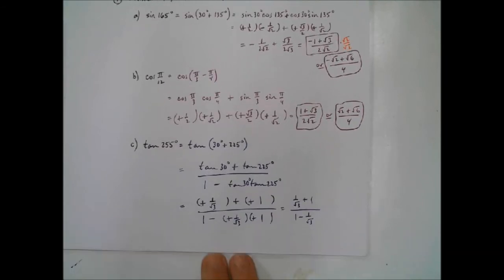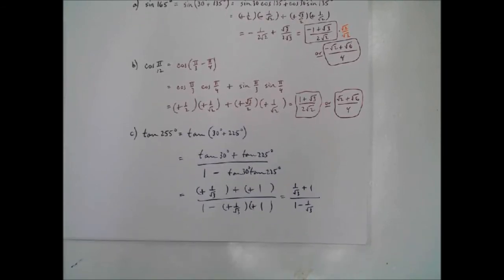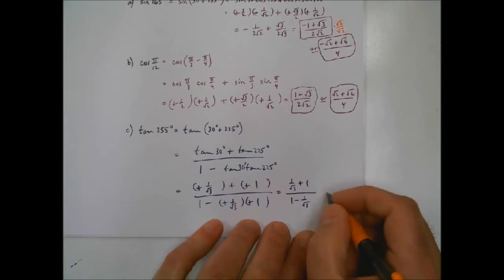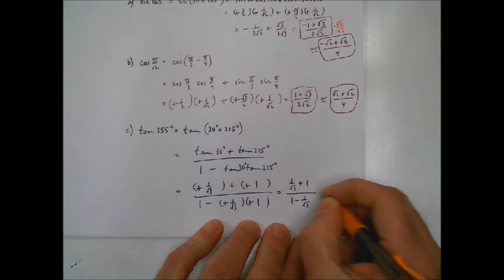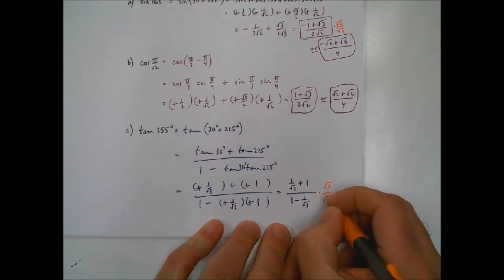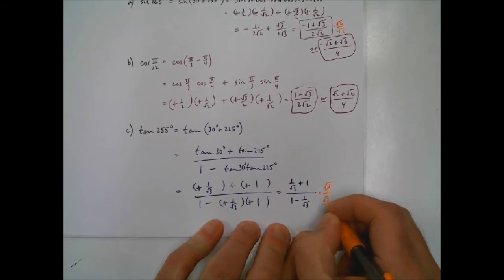Okay, radicals in a denominator are not a problem, but we can never leave a complex fraction and expect to get full credit. So we've shown you how to clean these things up last year and this year. So if we multiply top and bottom by √3 over √3, you can do over 1 and over 1 if that's helpful.